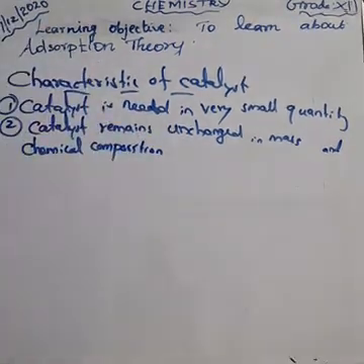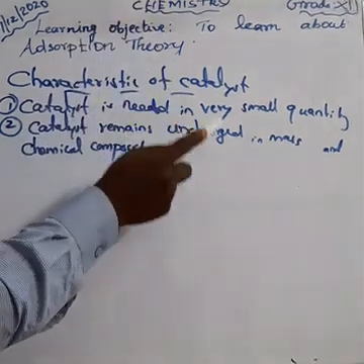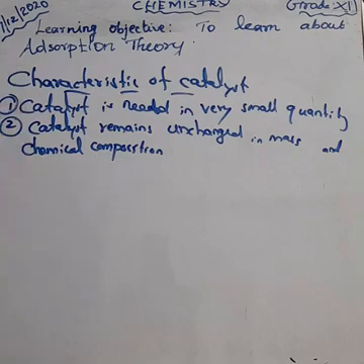In a chemical reaction, I told you about the first point: catalyst is needed in a very small quantity. Suppose we are adding a small quantity of catalyst to a particular reaction. The catalyst remains unchanged in mass. The reaction mass cannot be increased or decreased, or the chemical composition cannot be changed. So, if you are adding a small quantity of catalyst, the mass is never changed, and the chemical composition is also not changed. That's the second point.